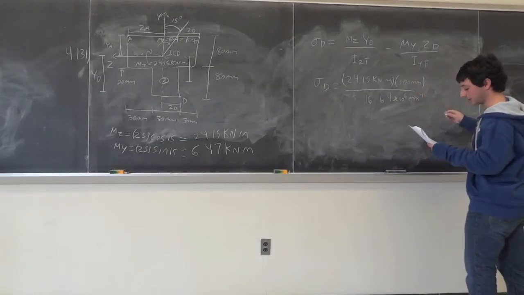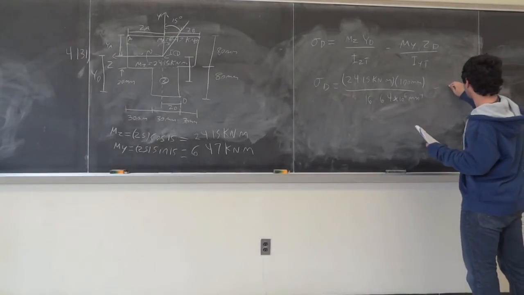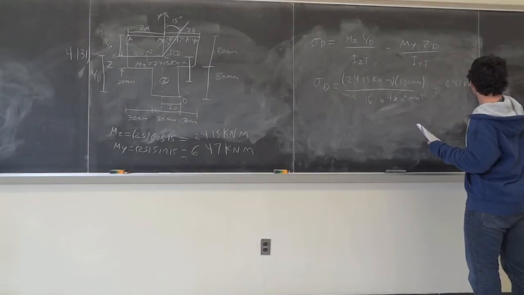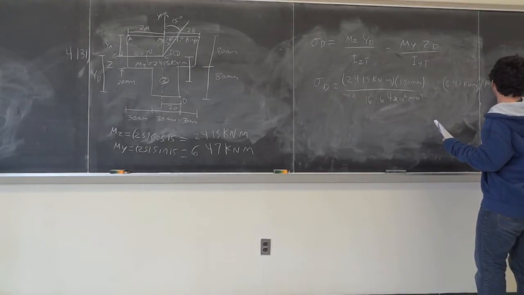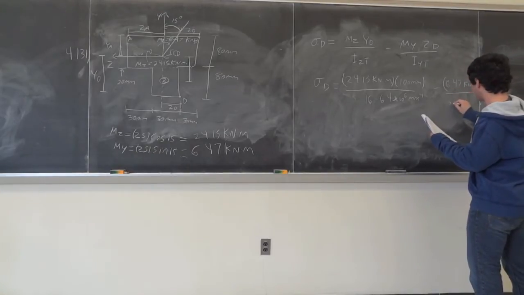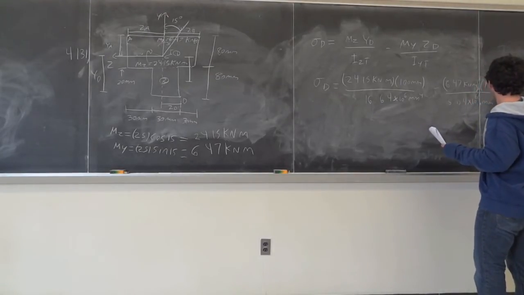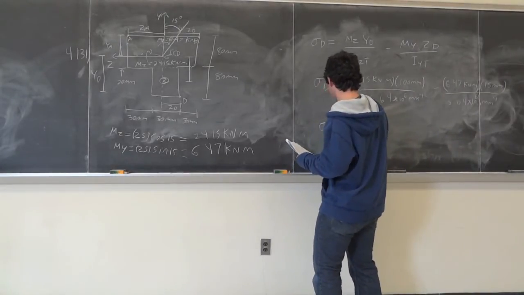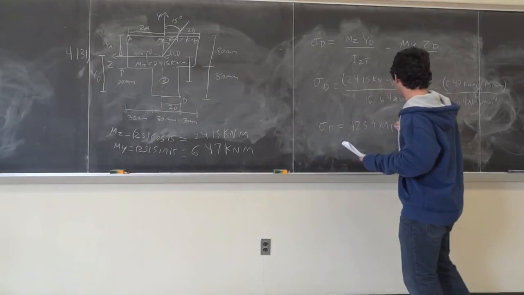Okay, and then this term's positive, this term's negative here. It's 6.47 kilonewton times a meter multiplied by the distance, in this case 15 millimeters, over the total moment of inertia, which is 5.04 times 10 to the 6 millimeters to the 4th. Okay, so the stress at D is equal to 125.9 MPa.